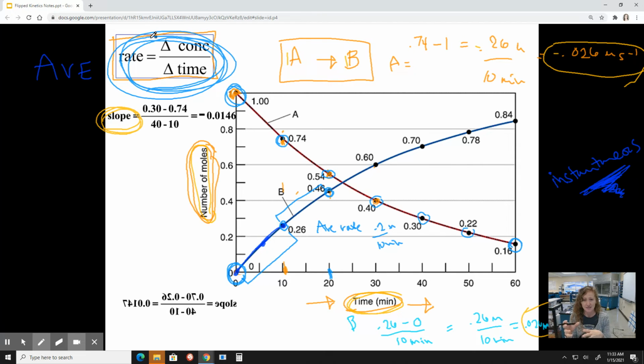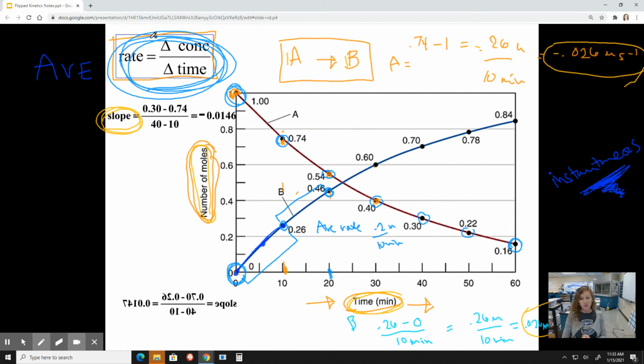We will look at a case where the rate is independent of molecules hitting molecules. But for now, the rates that we're talking about, you need to have a collision with enough energy and the right orientation. And so the more you use of your reactants, the slower your rate is going to go.